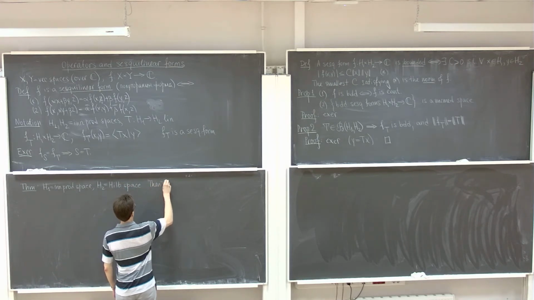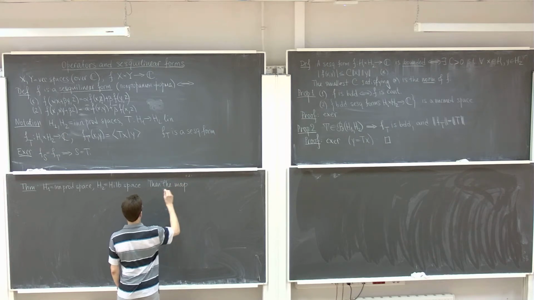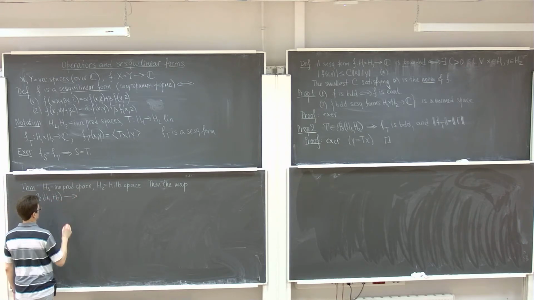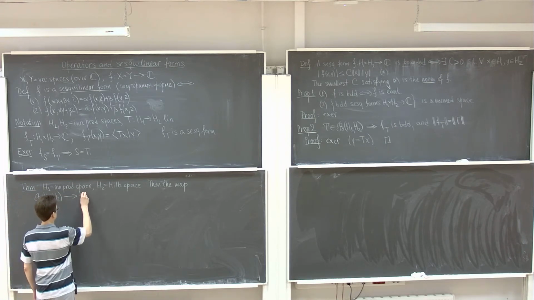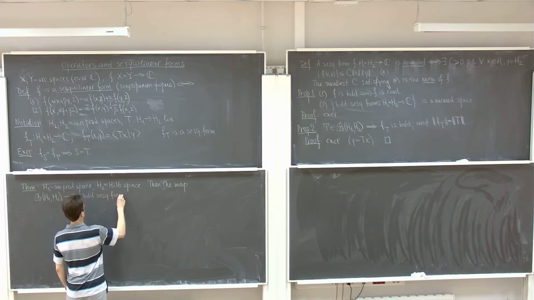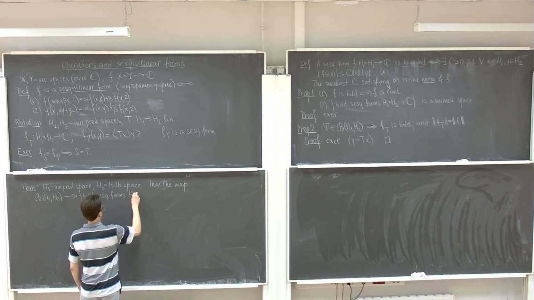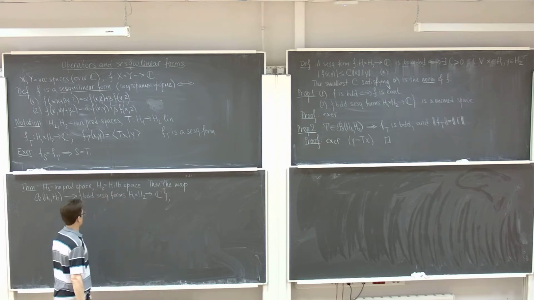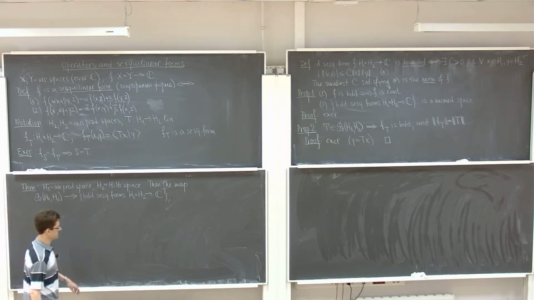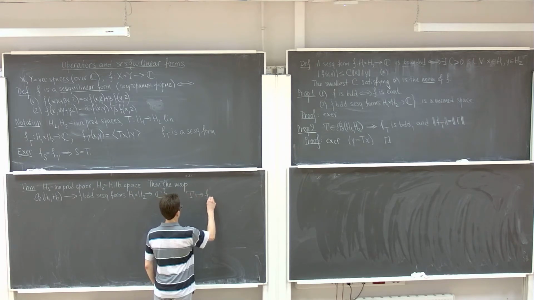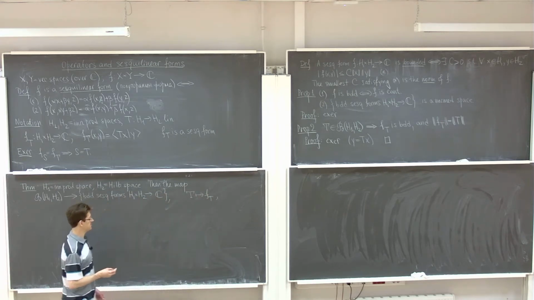Then the map from the space of bounded linear operators from H1 to H2 to the space of bounded sesquilinear forms on the product of H1 and H2, so the map which takes each operator to the respective form F_T, is an isometric isomorphism.